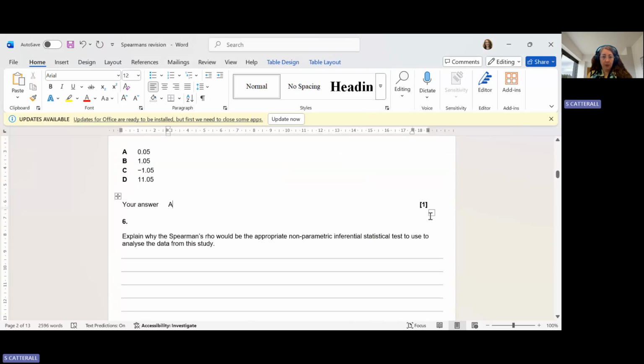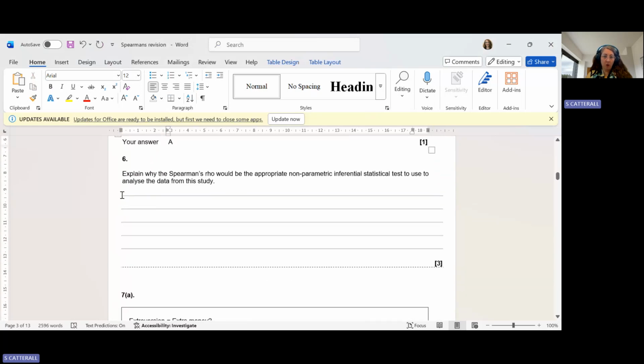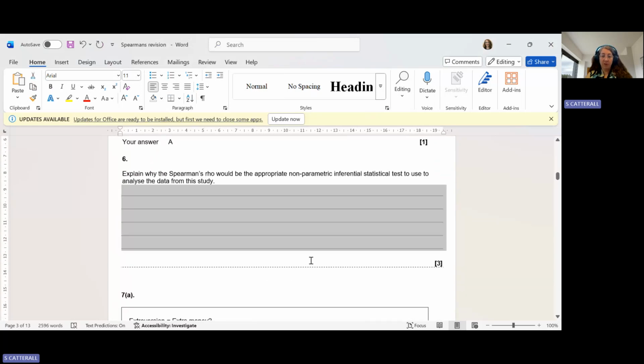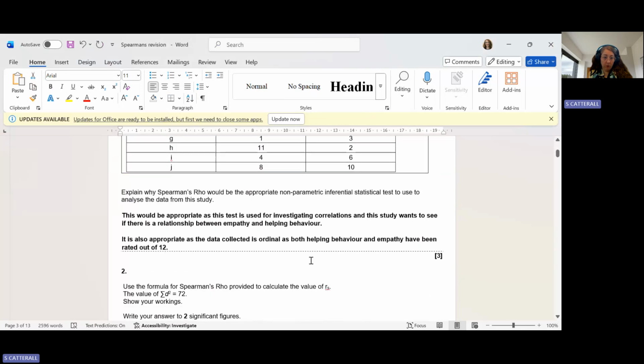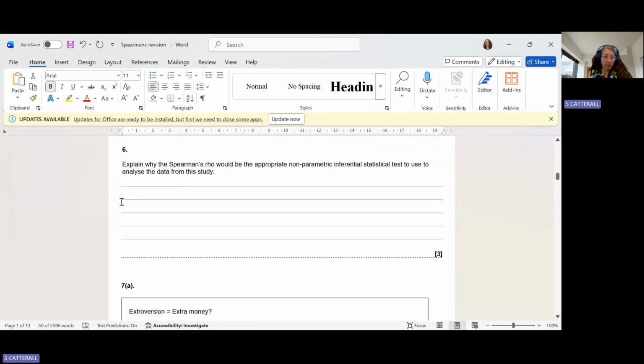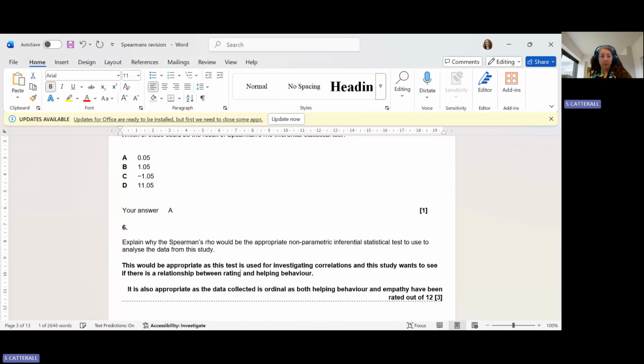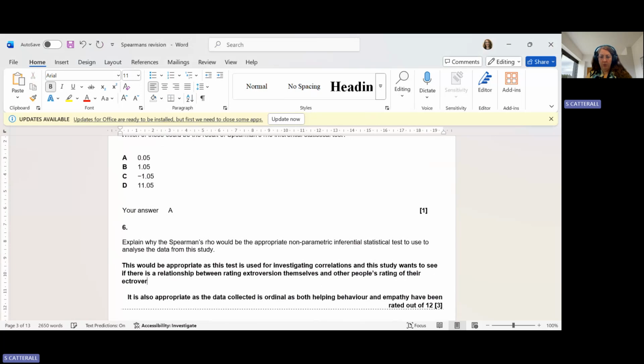And let's see, so we've got explain why Spearman's rank will be appropriate for the data. So it'll be the same as before. In fact, let's just copy and paste our answer from before. So we've got this bit, and then we're going to put that here. But this time we just want to put it in context of this scenario. So this time it was between rating extroversion themselves and other people's rating of their, was it extroversion?